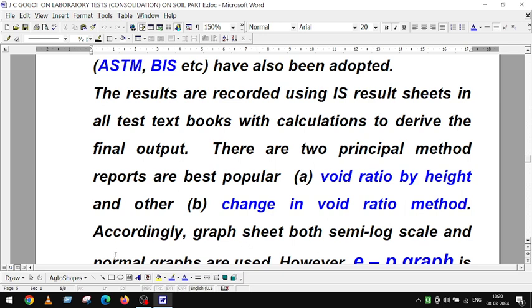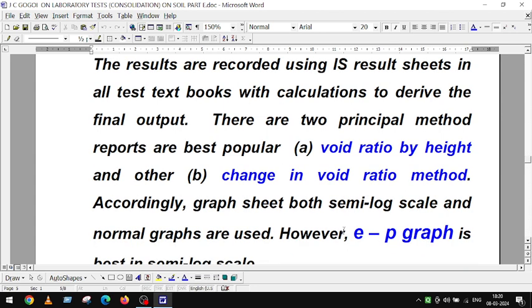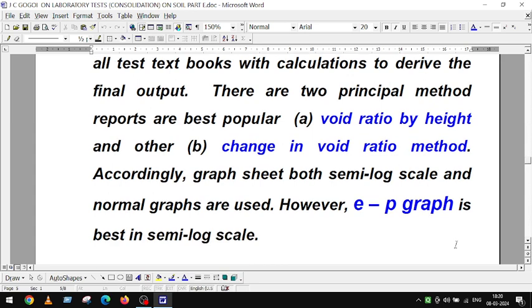Accordingly, graph sheets, both semi-log and normal graphs, are used. However, the E-log P graph is best in a semi-log graph.